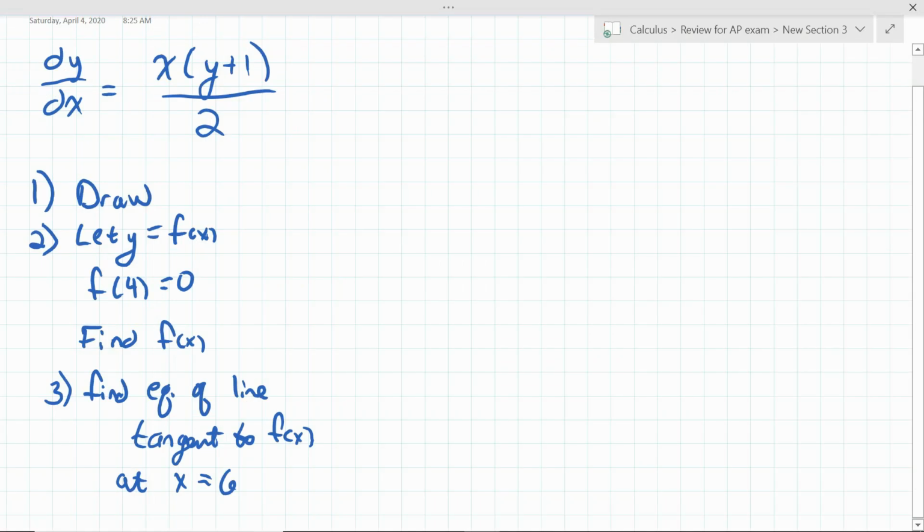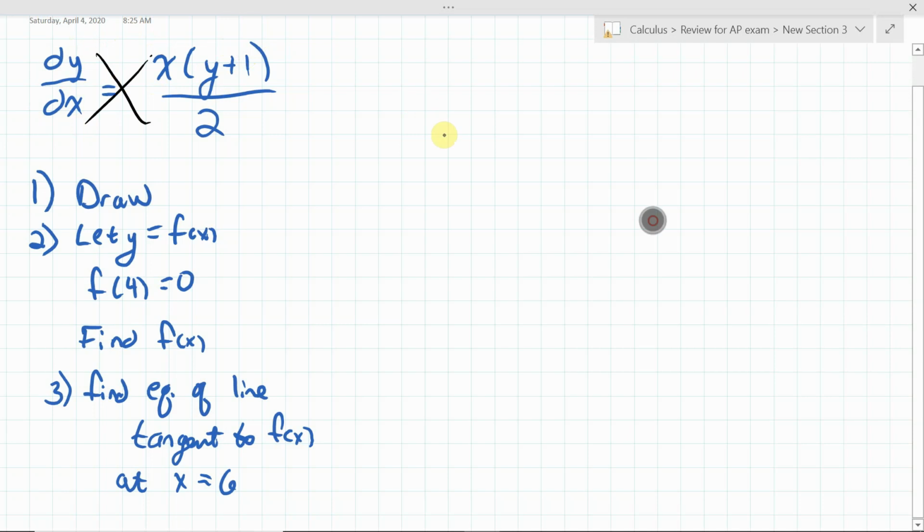The context can seem strange, but in general, if I'm looking for something about y, and I'm trying to get y by itself, I can't have y's here and think about integrating in any way. So I need to try to get them together. So we can separate, and really we're just thinking about fractions and rearranging here.